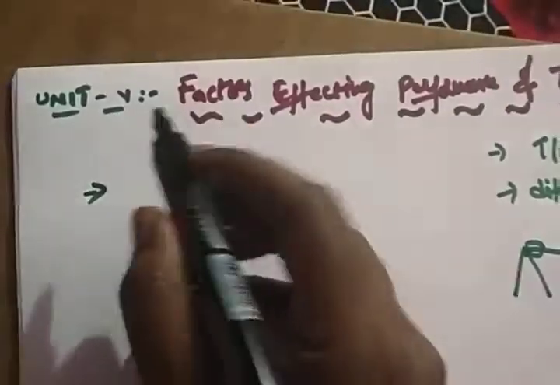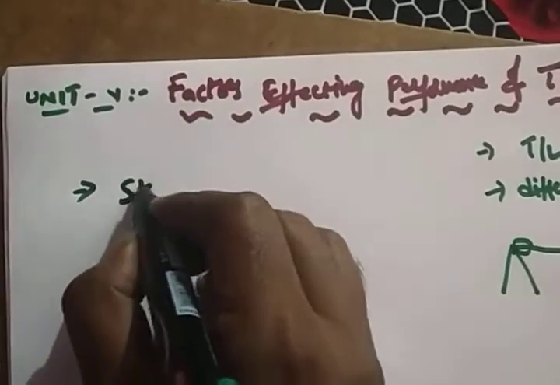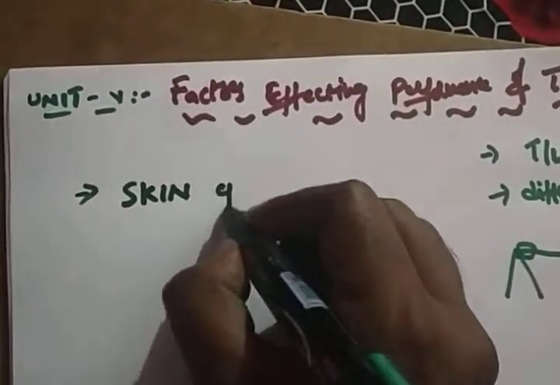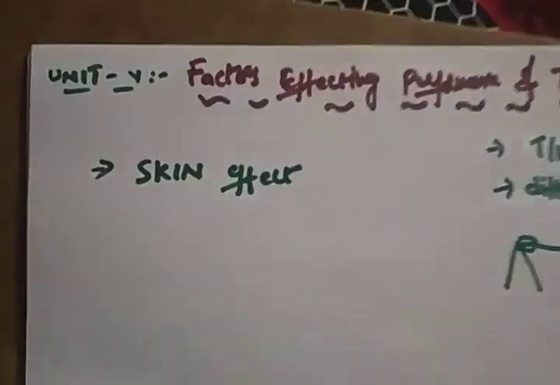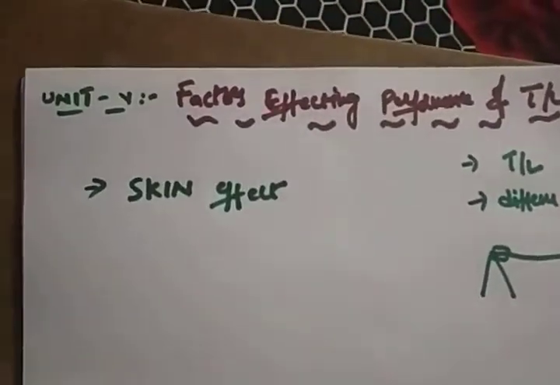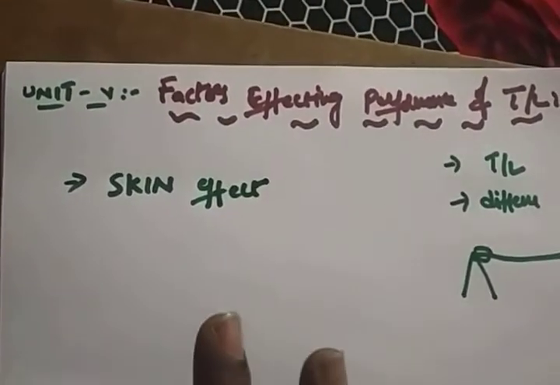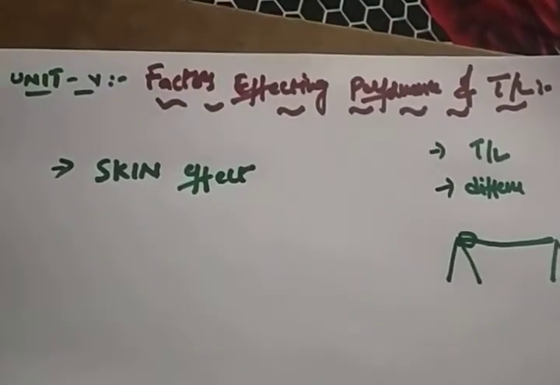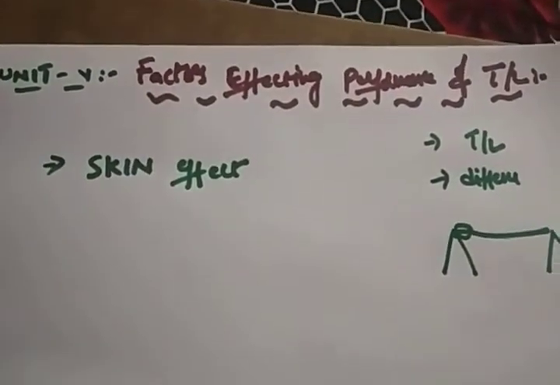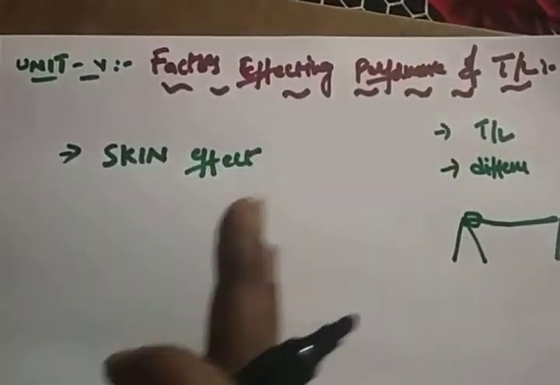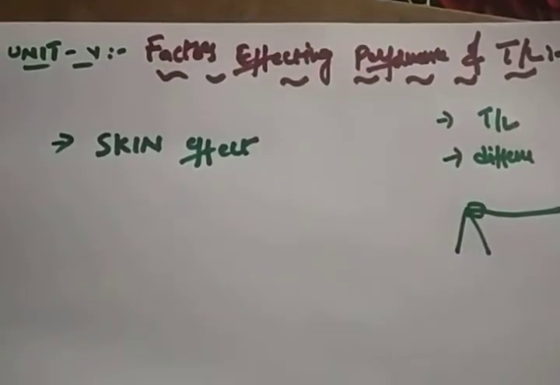The first part is skin effect. Very, very important concept, right? The total unit consists of 4 parts, and we will definitely discuss all these 4 parts in detail, no doubt about that. If you follow the videos, these are our technical considerations. Each and every power system engineer must know these concepts.